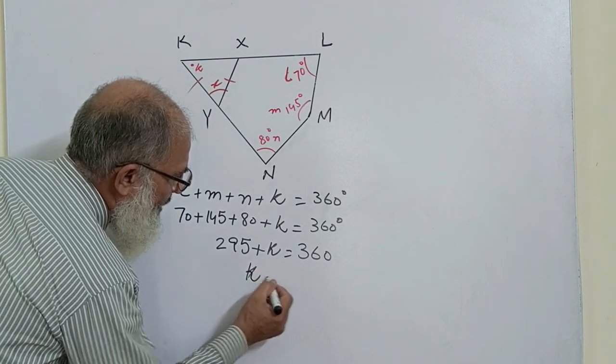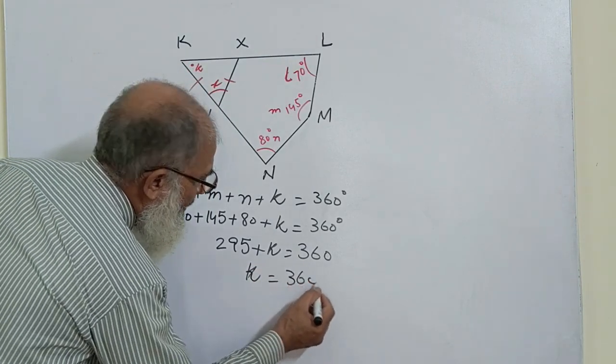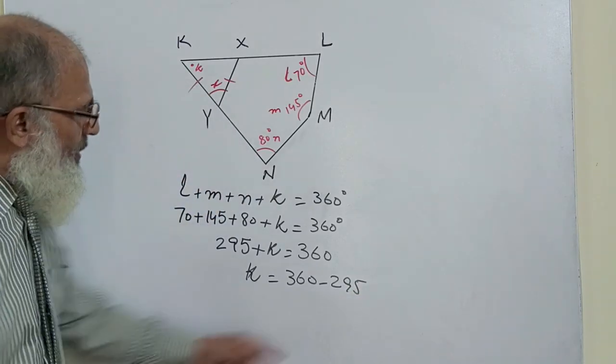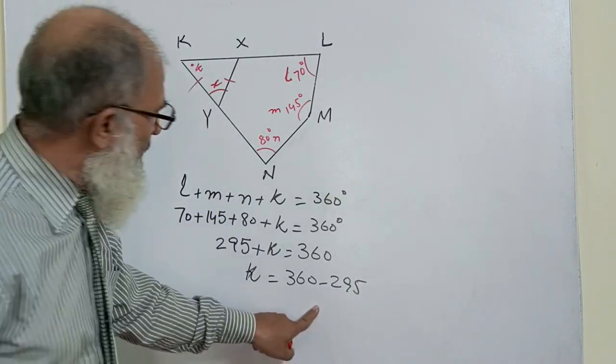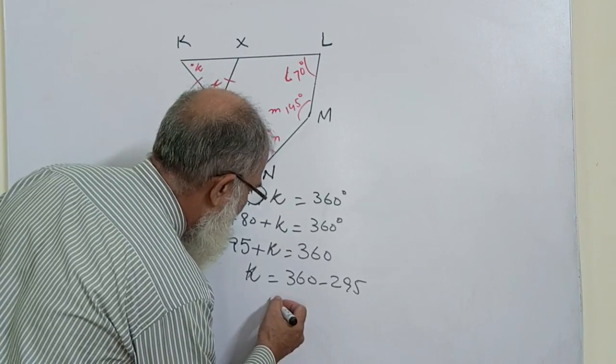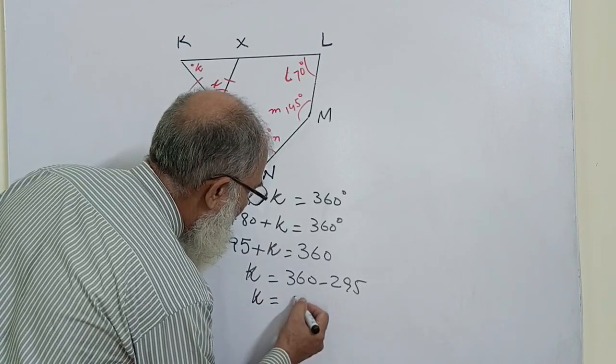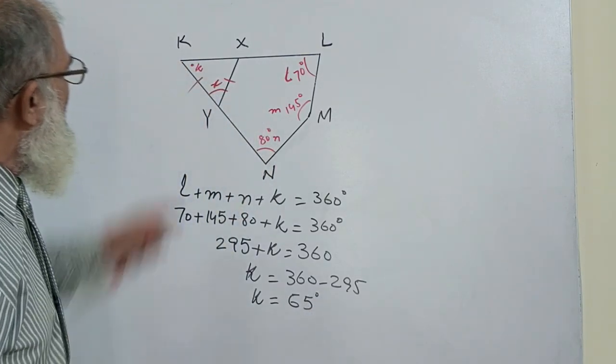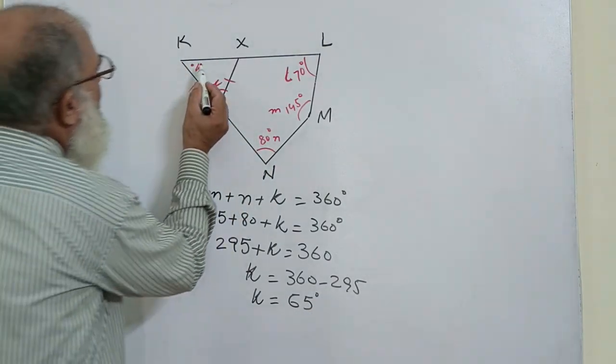Now K is equal to 360 minus 295. Okay, now K is equal to 65 degrees. It is very simple. Now this K is equal to 65 degrees.